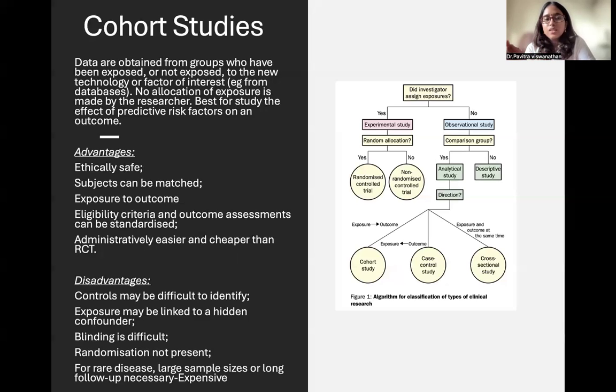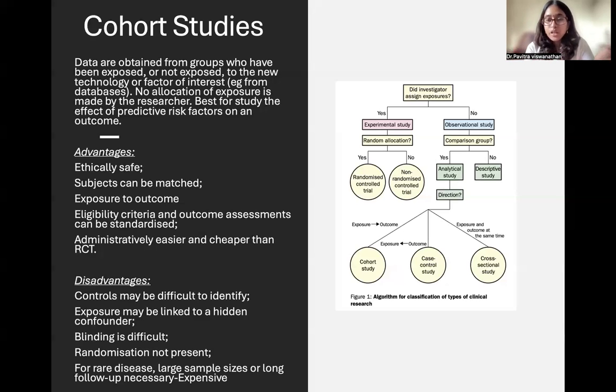It is cheaper than RCT, but it is costlier than a case control study because this is going to happen for a long period of time. Disadvantage: you may not be able to get adequate controls. People may not be willing to participate in the study, and exposure may be linked to a hidden confounder.